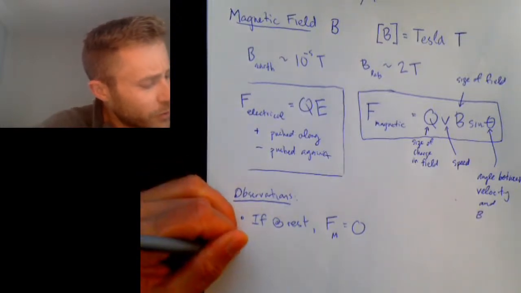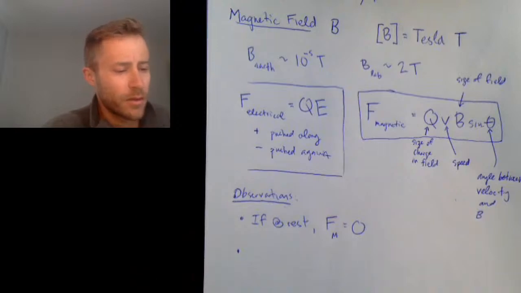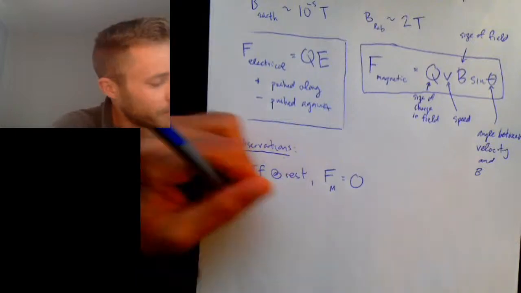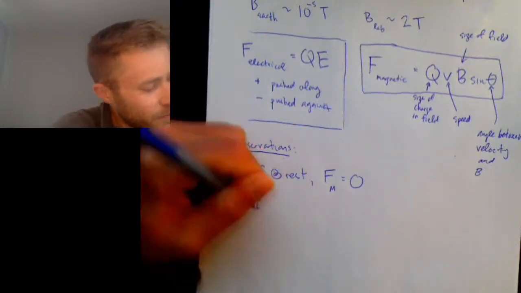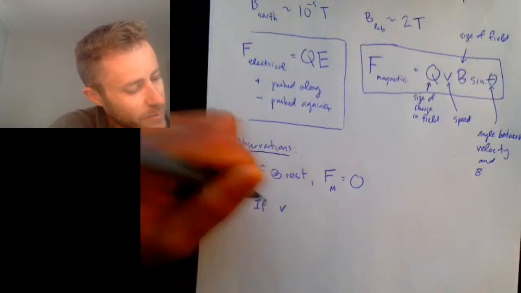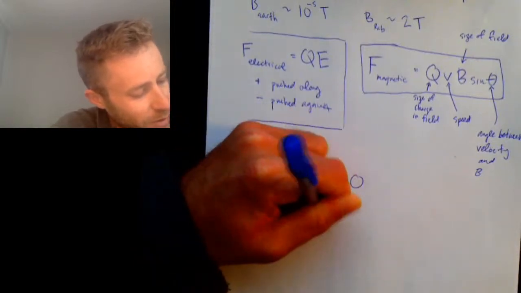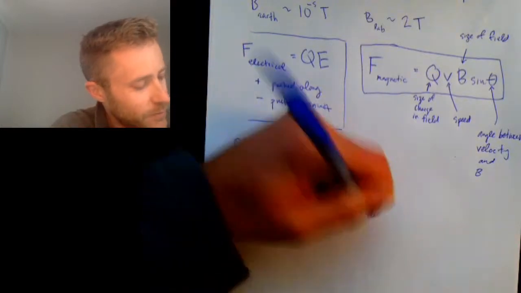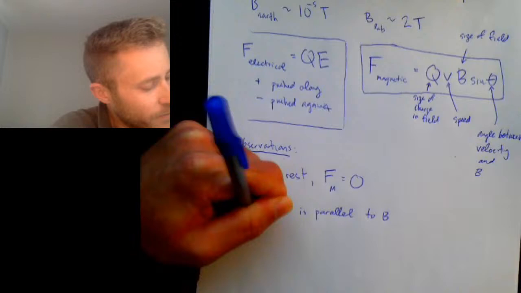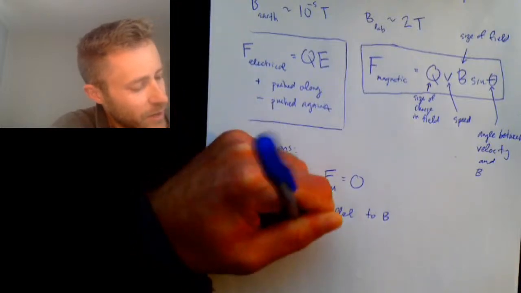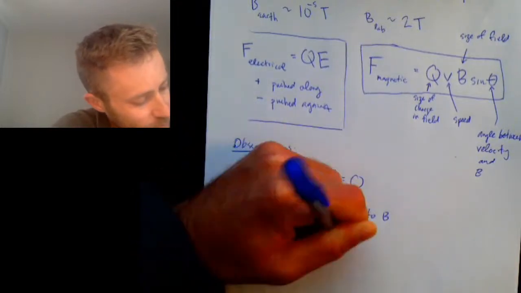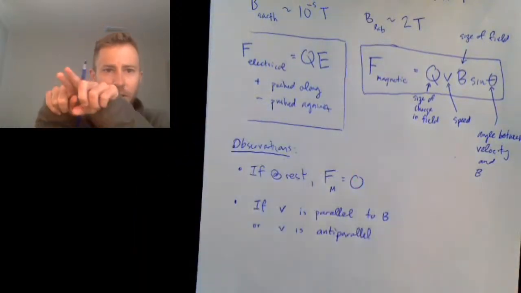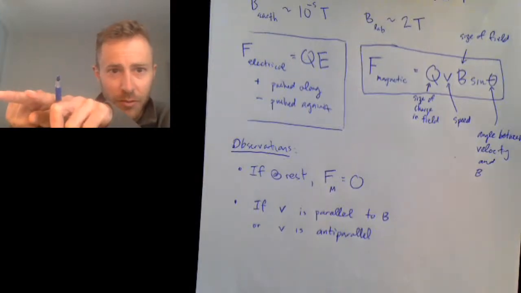All right. So the other thing I want to point out is that if V is parallel to B, or V is anti-parallel to B. When I say parallel, I mean velocity and magnetic field are both in the same direction.